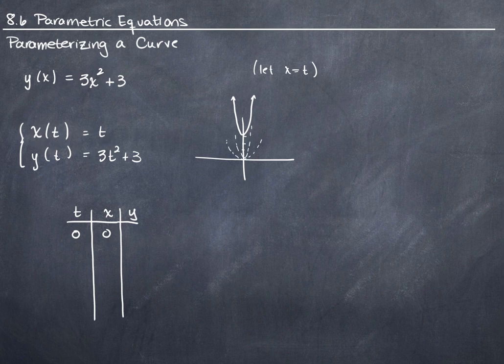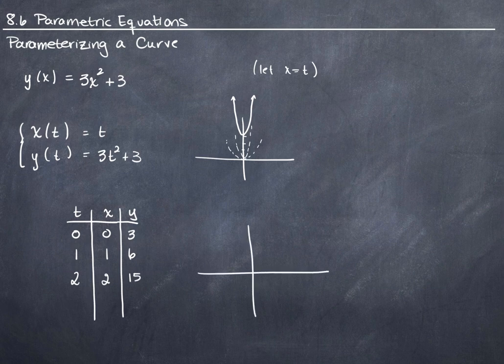But y is going to be 3 times 0 squared plus 3. When t equals 1, x also equals 1, and 3t squared plus 3 equals 6. I'll do one more. When t equals 2, x also equals 2, and y equals 2 squared is 4 times 3 is 12, plus 3 is 15.